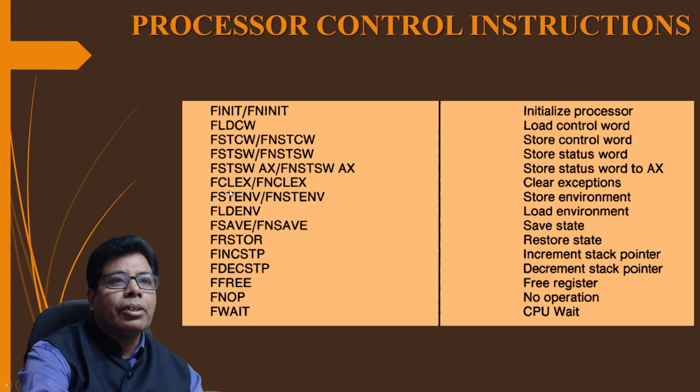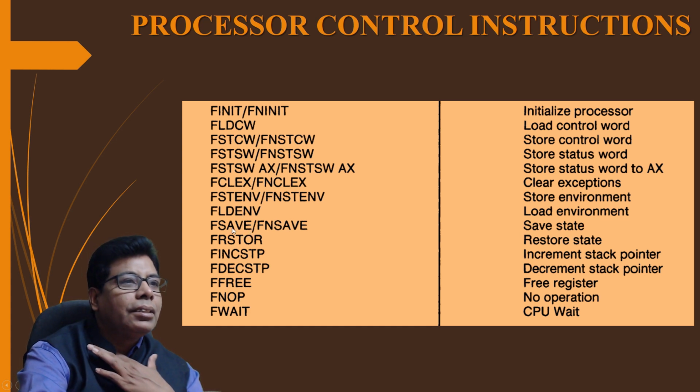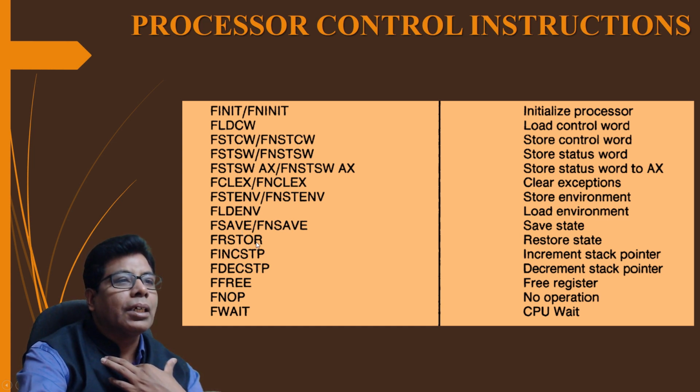Then similarly we have this for clearing the exceptions. Then FSTENV, that is for store environment, then load environment. Then FSAVE is for saving the state, then restoring the state, FRSTOR.